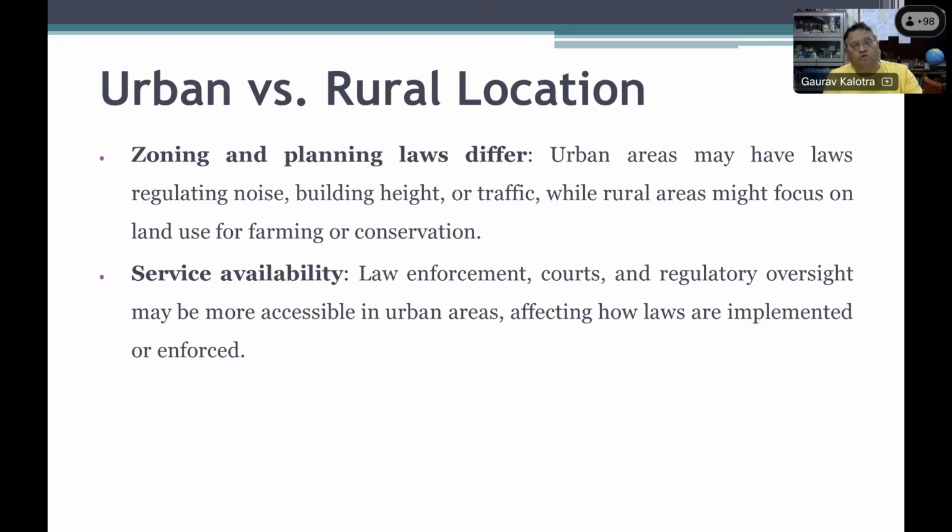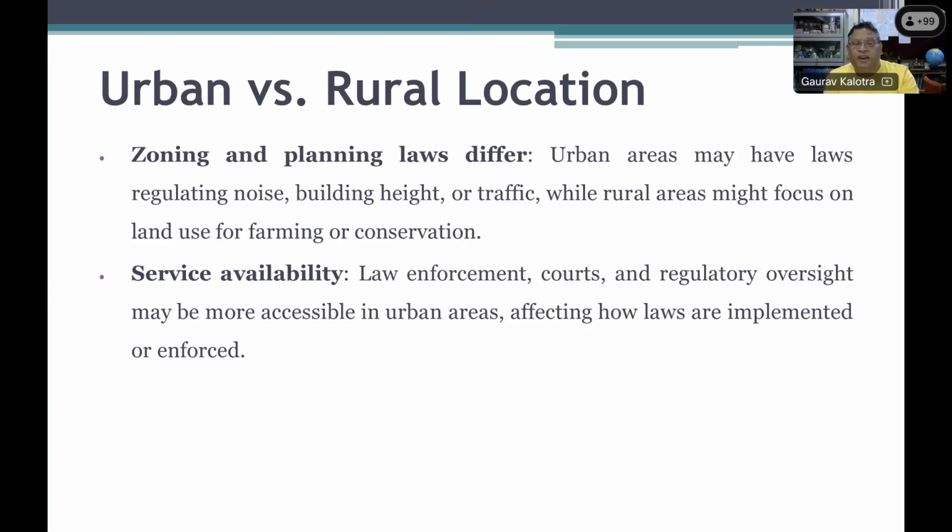Now here town refers to urban areas and country refers to the rural areas. And planning for both these areas is very different, because in urban areas you have traffic. In rural areas, there is no traffic. So in urban areas, you have to plan for the roads so that the traffic movement can be smooth.